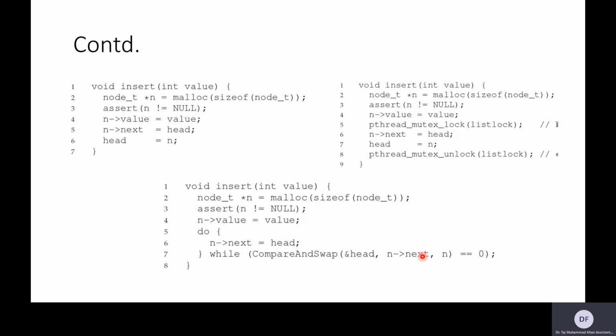Here we exchange the value of head with this new node using this atomic instruction. By using this instruction, we do not need locks. So this is another example where use of locks can be avoided using atomic instructions.